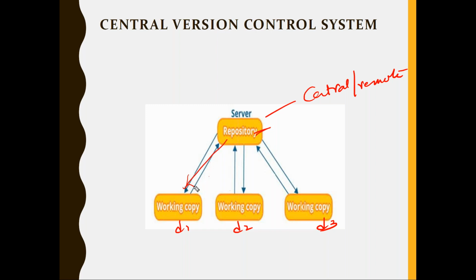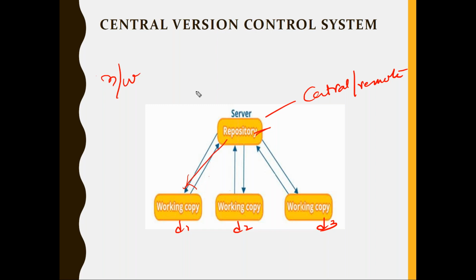So here there are some limitations or drawbacks. To connect to this remote server, a network connection should always be there, isn't it? If for some reason there is no network connection, the entire work will be halted, right? That's one of the problems with the centralized version control, because it works like a single source of truth.